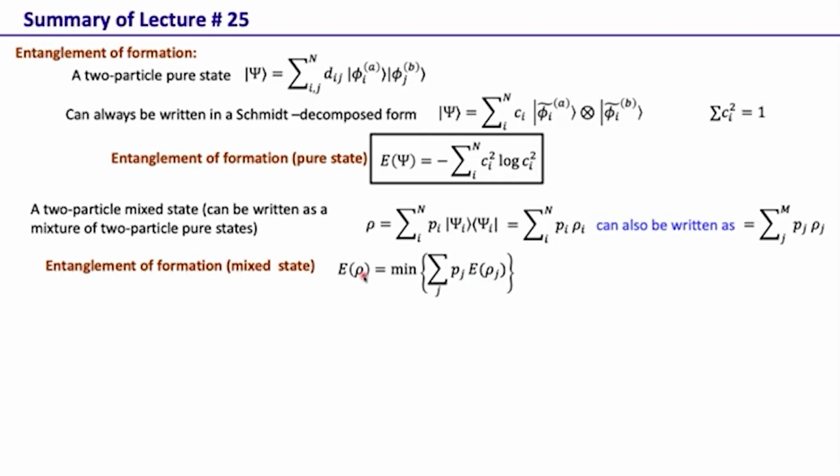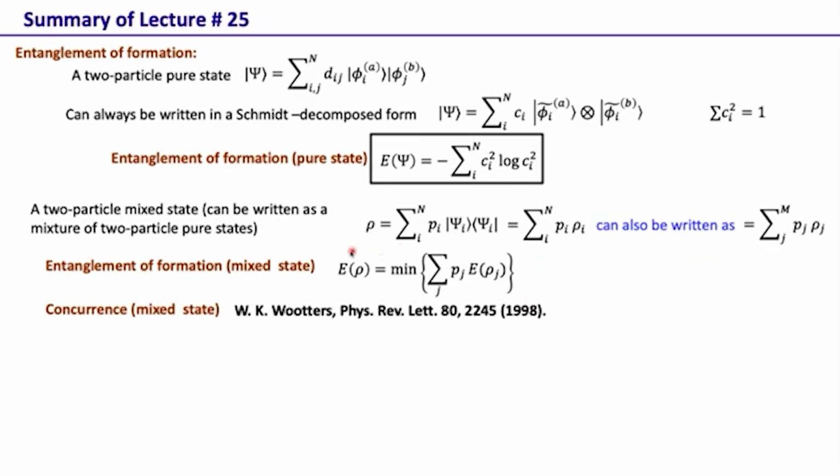Since there can be different representations of rho, the entanglement of formation is defined as the minimum of this quantity over all such decompositions. This minimum need not be associated with the diagonal representation; it could be with some other decomposition.